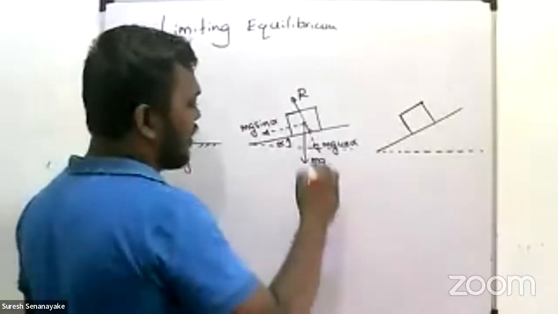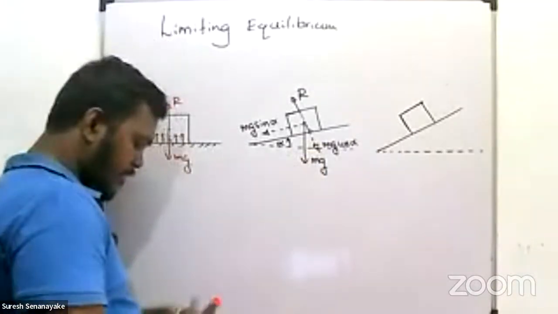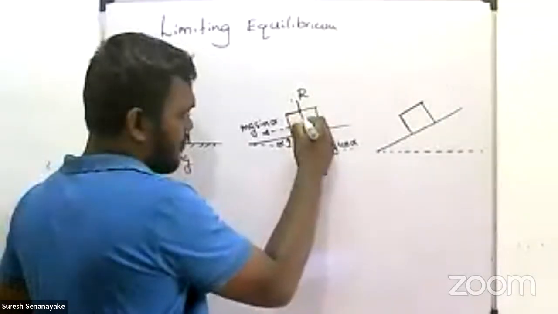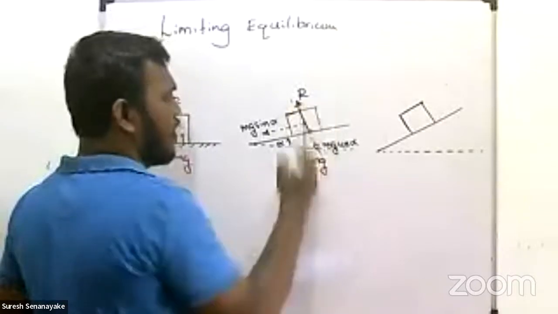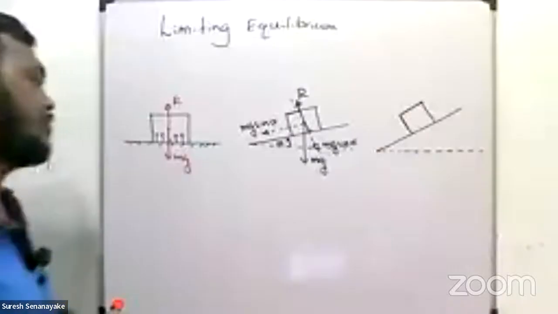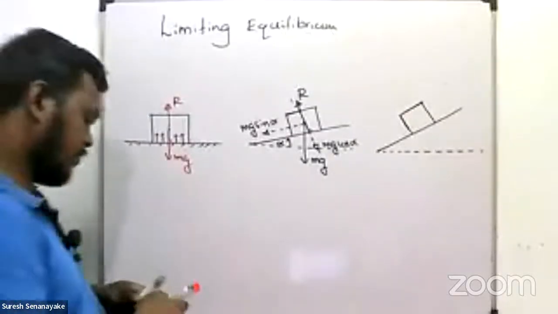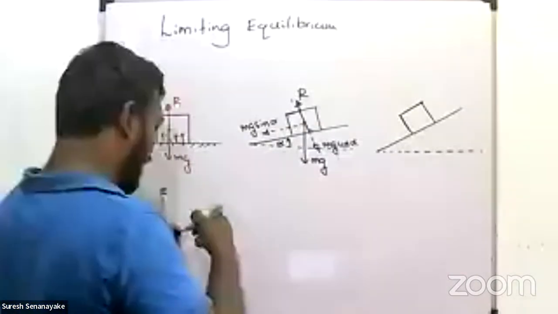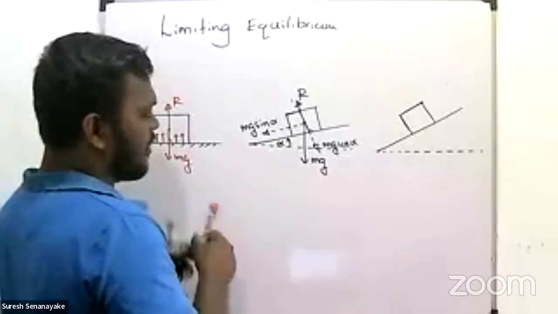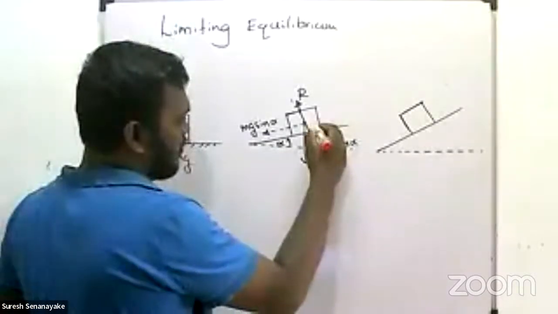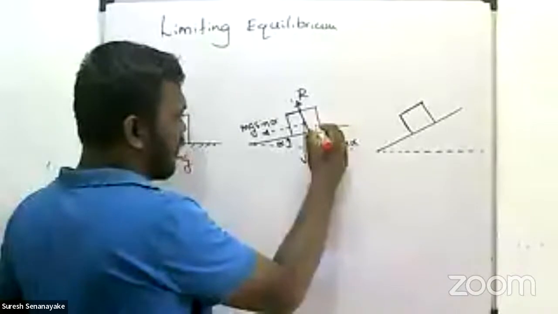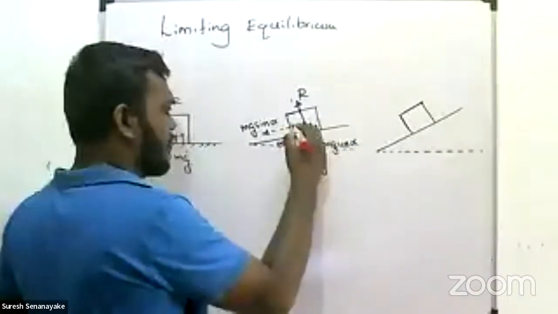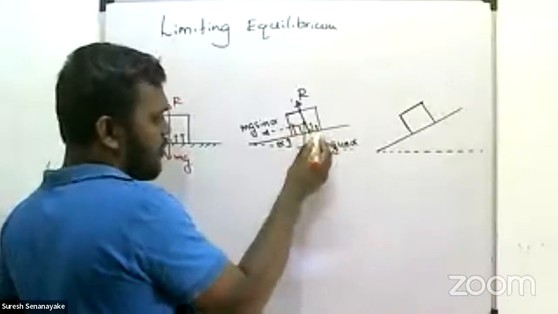But when you raise the incline, what's happening? The normal reaction on this side must become smaller, and on this side it gets larger. The resultant will come somewhere here.